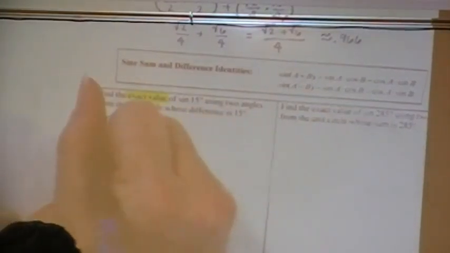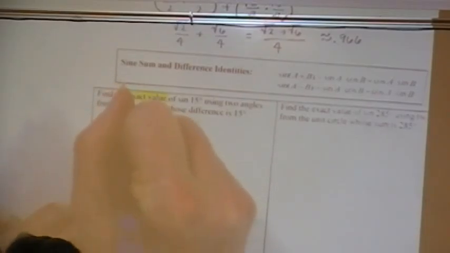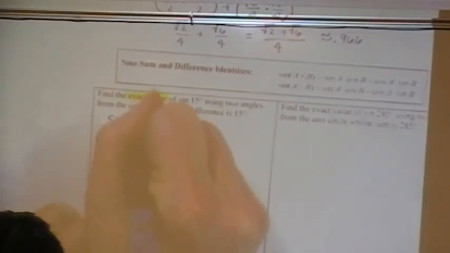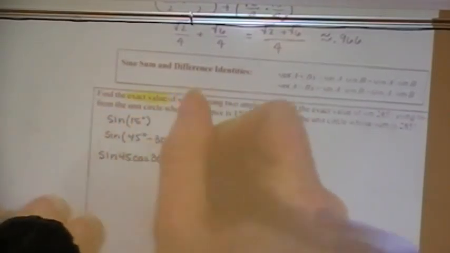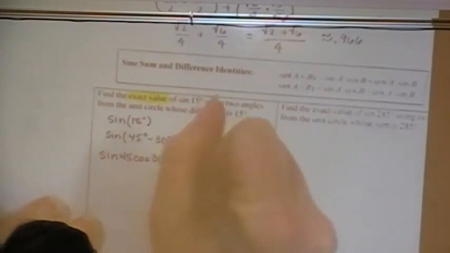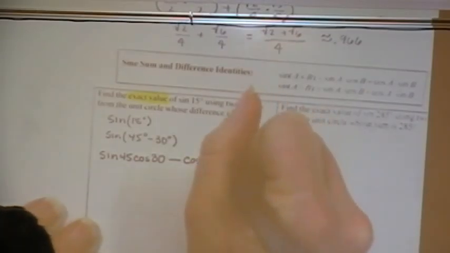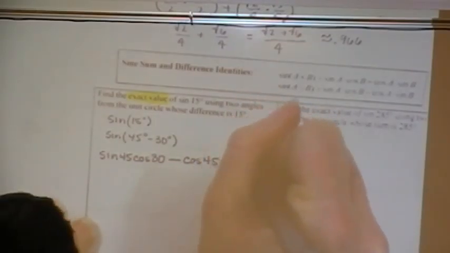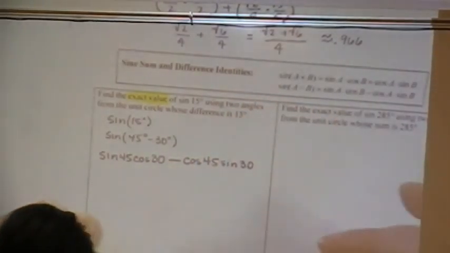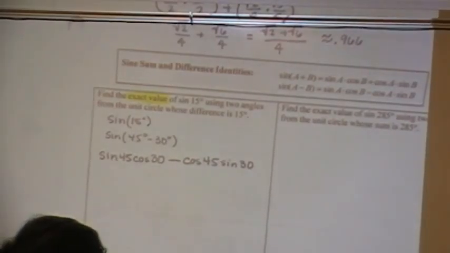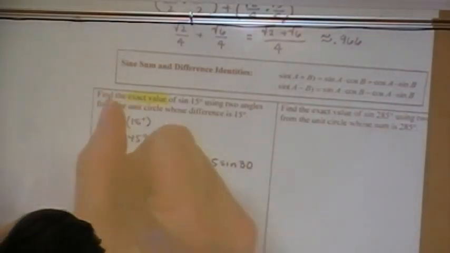So I'm going to do sine of 45 cosine of 30. This is a subtraction problem, so I'm doing minus cosine of 45 sine of 30. And I'm going to pull those values off the unit circle. Now we just did 45, so that one's easy.